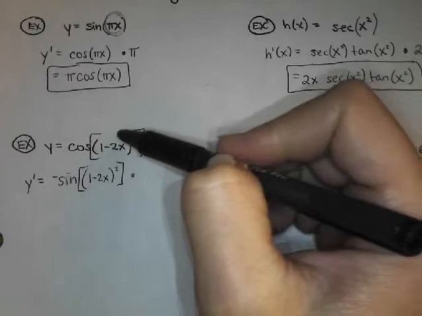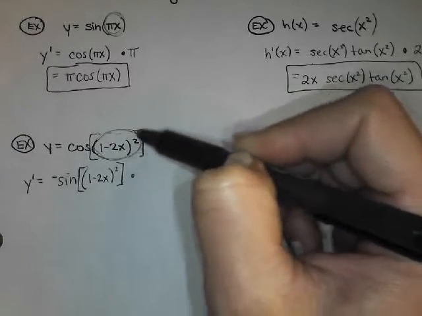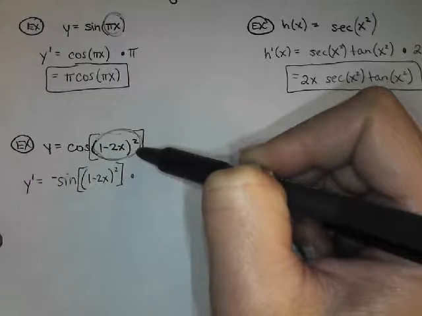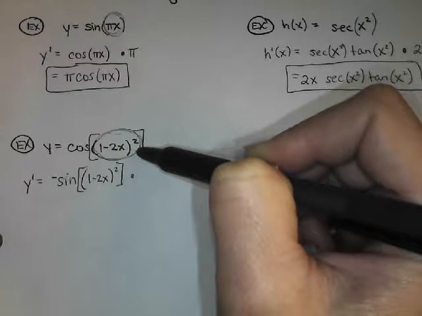So what's inside is this binomial squared. How do we take the derivative of a binomial squared? What rule do we need?